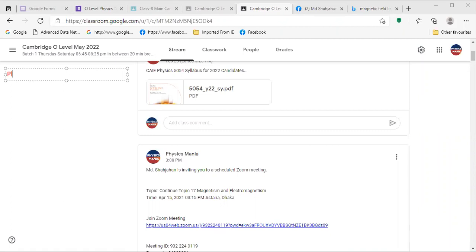Plotting compass. You all know about compass, right? So this compass is used to get the direction of magnetic field lines.